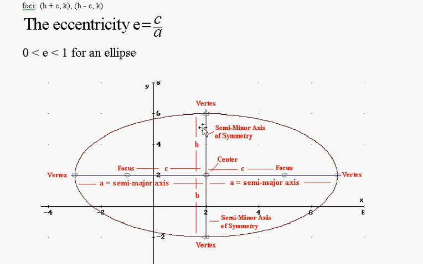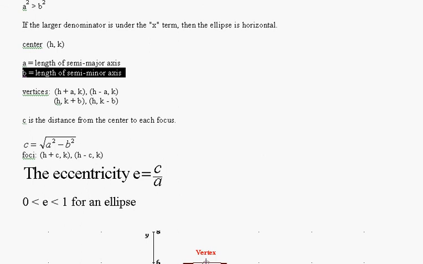We can use B, the distance from the center to each of the other 2 vertices. And if it's horizontal, we need to take that A, add it to the x value of the center, subtract it from the x value of the center, and that's how we find 2 of the 4 vertices. Those are the 2 vertices on the major axis of symmetry.